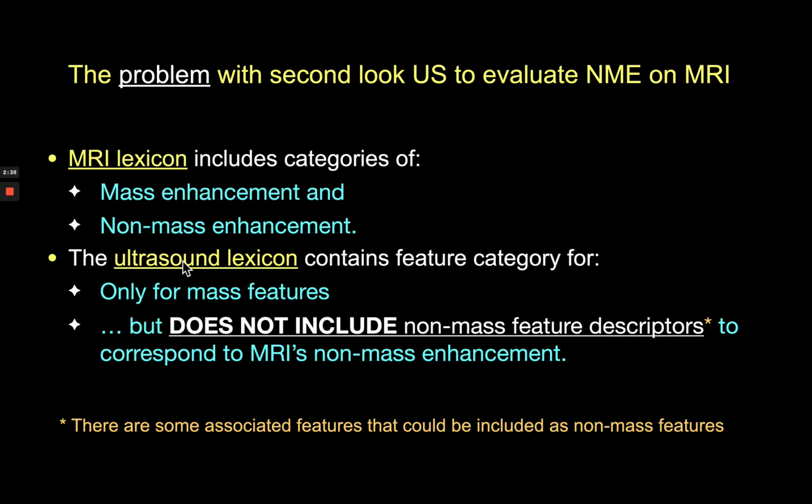And so I think we have a deficiency in the ultrasound lexicon that doesn't match non-mass enhancement on MRI very well. And so basically what I'm trying to do here is, using histologic understanding of what causes non-mass enhancement, create a parallel non-mass descriptor lexicon for ultrasound that would make it easier to do second look ultrasound.